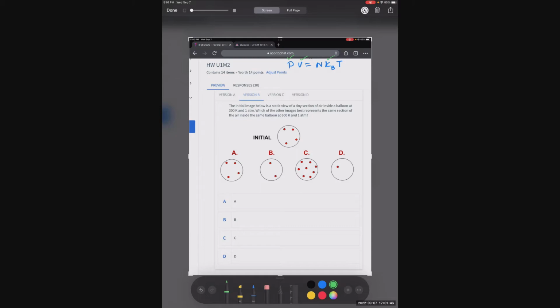So we have two parameters on the same side of the ideal gas equation: N times T is equal to a constant. In other words, N is equal to a constant times 1 over T, so N is inversely proportional to the temperature.